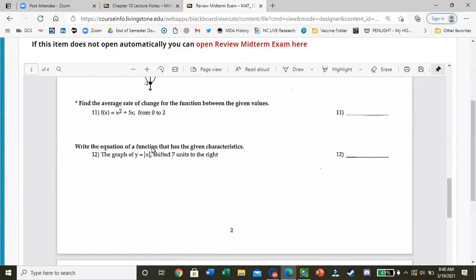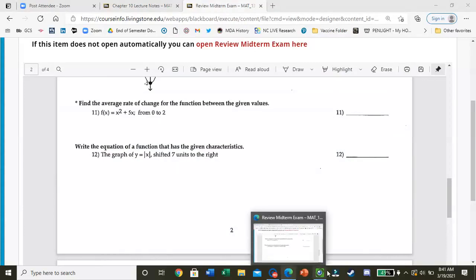Okay, good responses there. Find the average rate of change between the given functional values. Okay. So, questions here. Don't we have to plug in each one of them? Yeah, you have to use this equation. Yep, you got it.